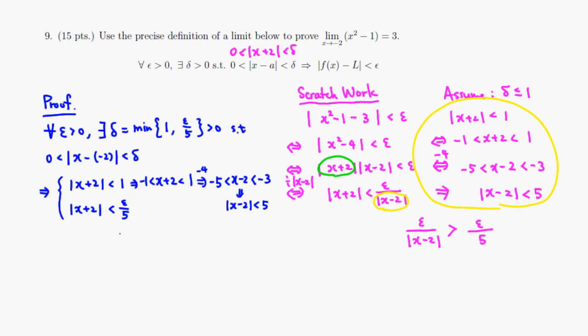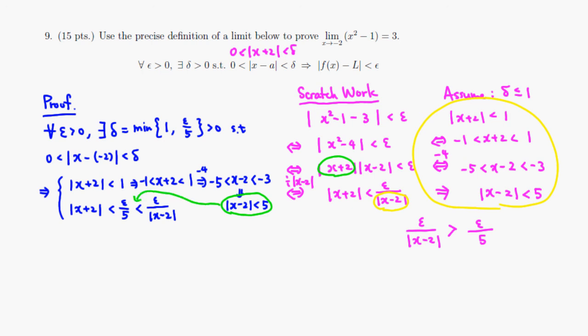So epsilon over 5 is going to be less than epsilon over the absolute value of x minus 2, since we know this inequality comes from here. Since the absolute value of x minus 2 is less than 5, we are making the denominator larger, so the fraction is smaller. So we have that.